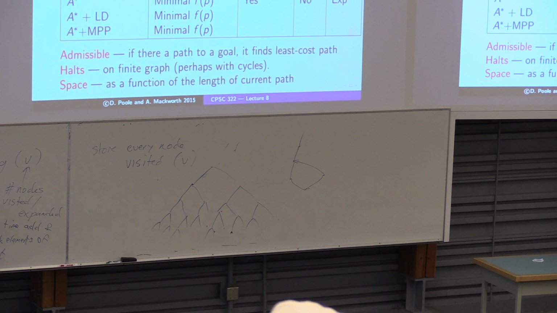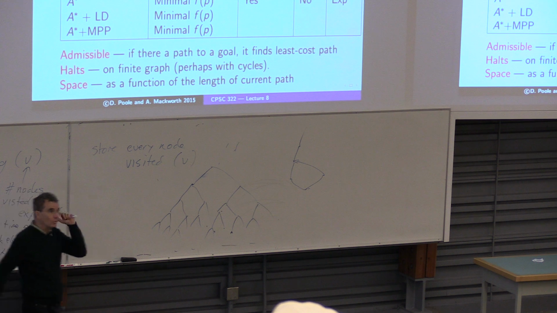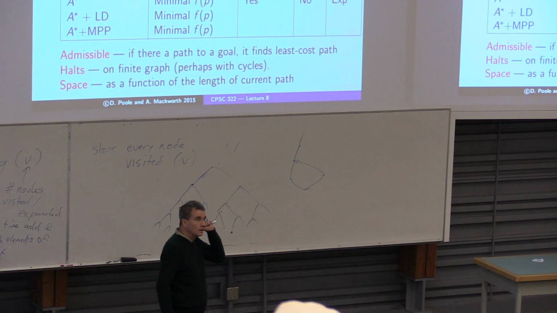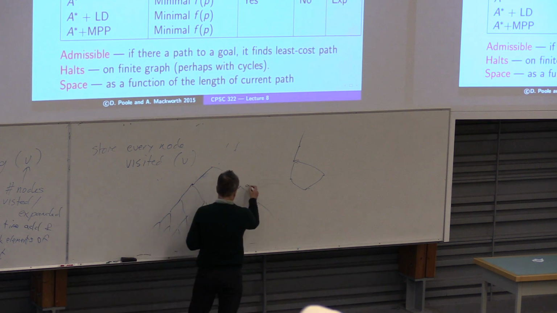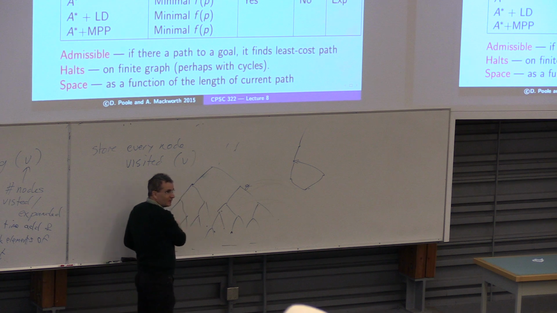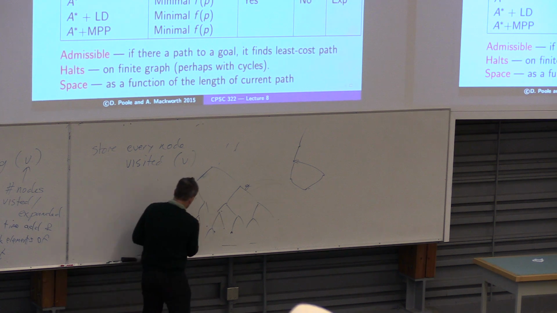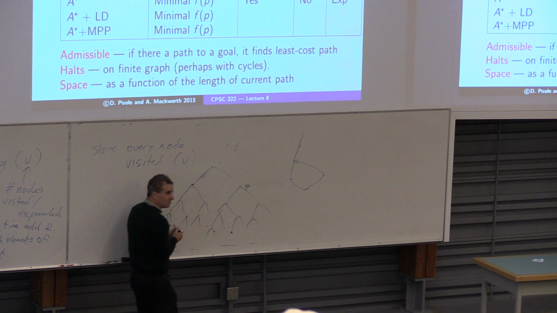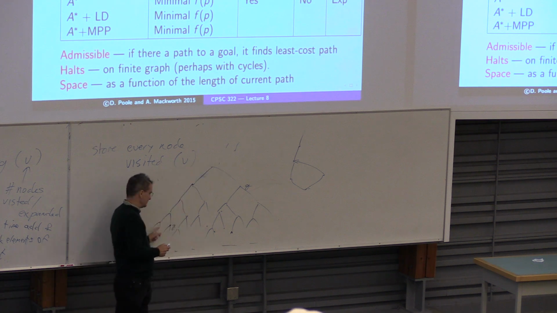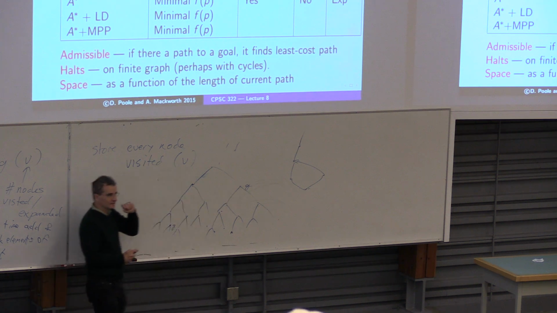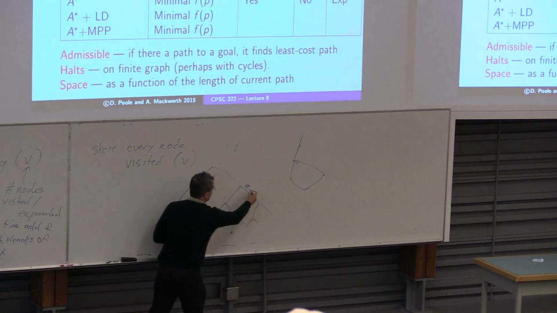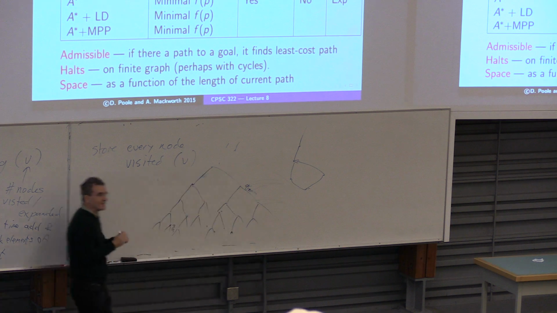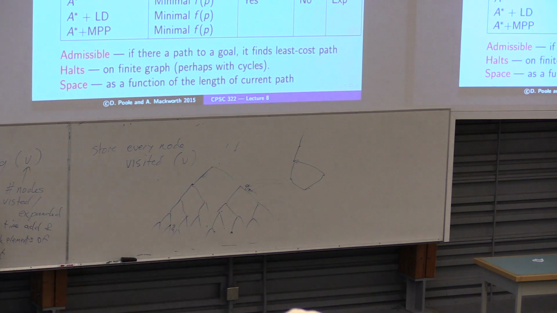Why is it not admissible? Because the goal might be here, and there might be a second goal, and it flies down here and finds this one first before it finds the other. So it doesn't find the shortest goal. That's why it's not admissible. It's not even trying to find the shortest one, it's just trying the first one.